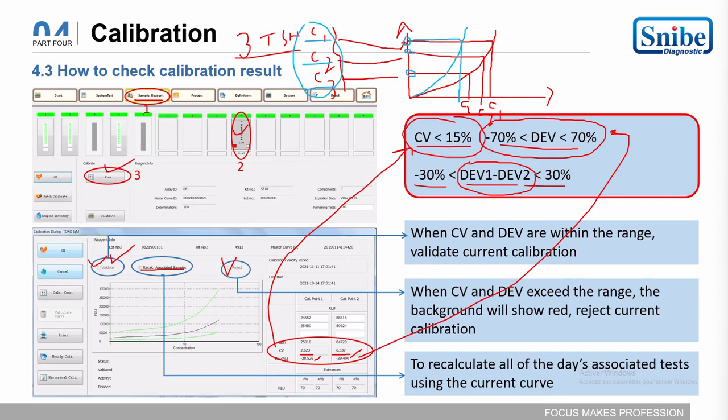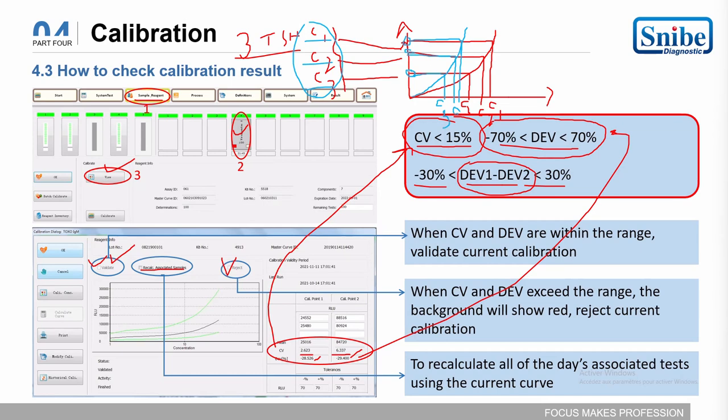So we can obtain the new C1 for the first tube. Using the second RLU and the new calibration curve, we can obtain the new results for the second tube. And using the RLU for the third sample and the new calibration curve, we can obtain the new results for the third sample.